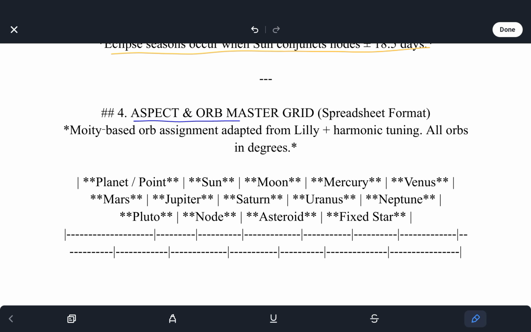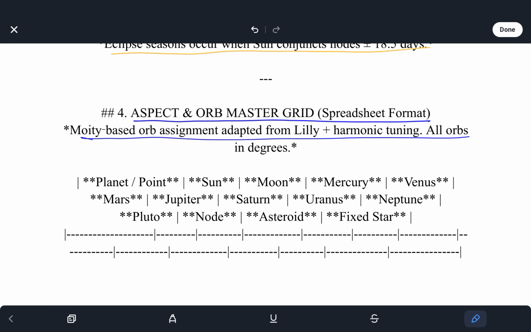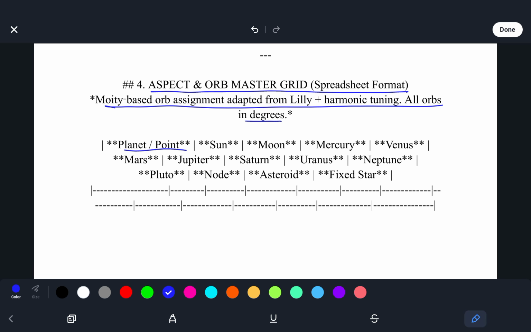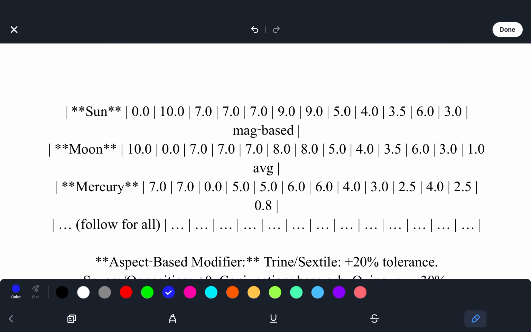Onto our aspect and orb master grid spreadsheet format. Whole-sign-based orb assignment adapted from Lilly and harmonic tuning, all orbs in degrees. We're going to go over planet or point: Sun, Moon, Mercury, Venus, Mars, Jupiter, Saturn, Uranus, Neptune, Pluto, node, asteroid, and fixed star. So there's a lot of math involved.